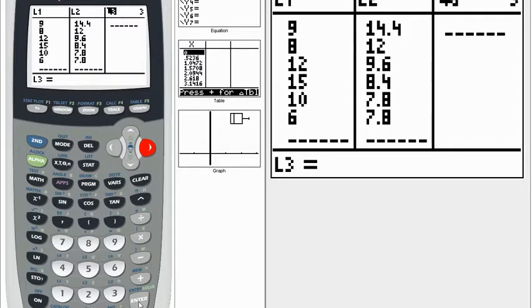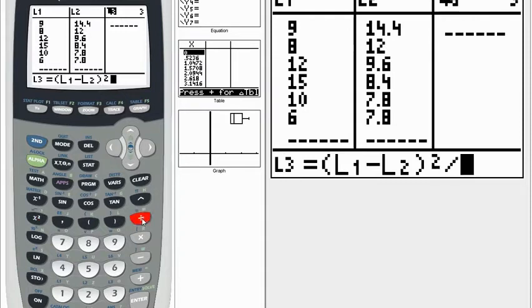You need 14.4. Now, in L3, I'm going to find the chi-squared, which the formula is on your formula sheet. The formula says that I will take my observed count. So notice I'm at the top on L3. I'm opening with a parenthesis. I will take my observed count, which was my L1. I will subtract my expected count, which is my L2. I will close my parenthesis and square that quantity.